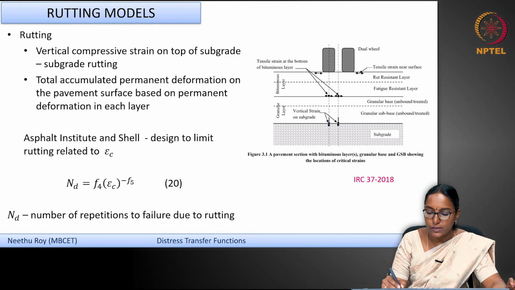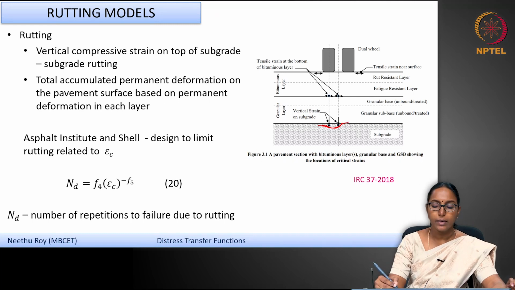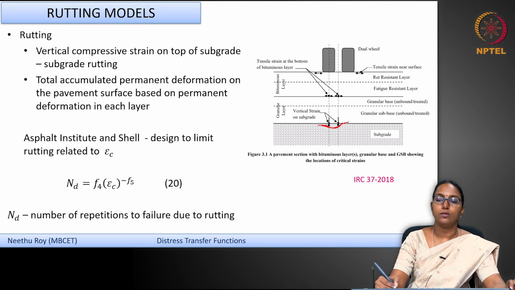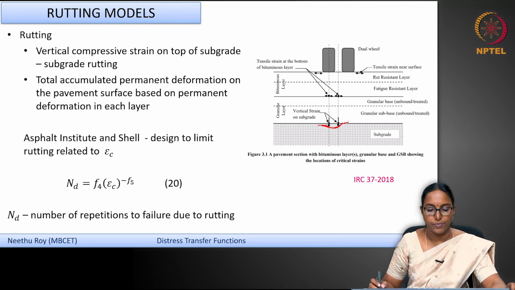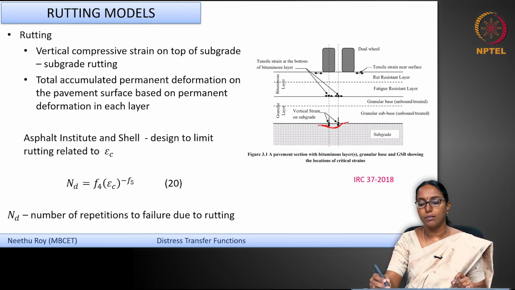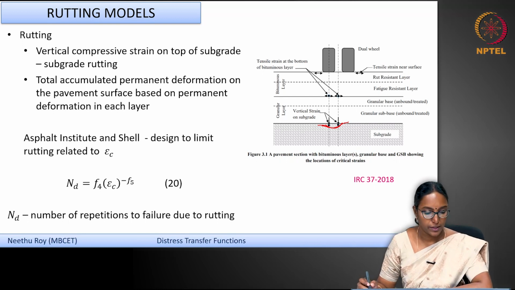So, the assumption is that you see a rutting on the top of the subgrade layer, and this rutting gets transferred, and you see that as a rutting on the top of the pavement surface. Essentially, the rutting in all other pavement layers is not considered when you talk about subgrade rutting.